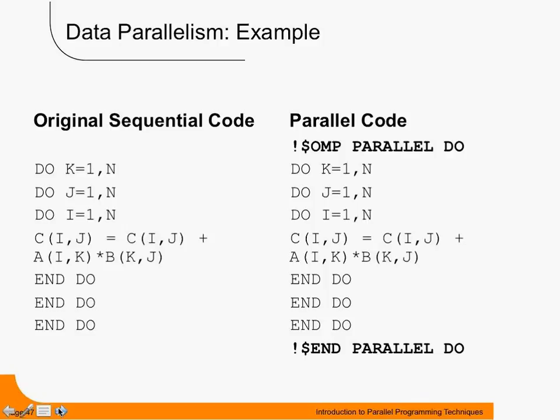But the thing here is, if you have a dependency, let's say the current operation is dependent on the previous iteration's value, then you cannot do the operation in parallel. But when you have data-independent operations, you can.